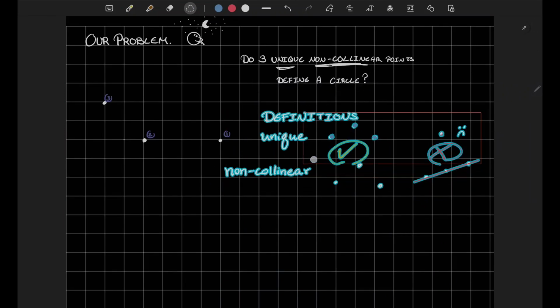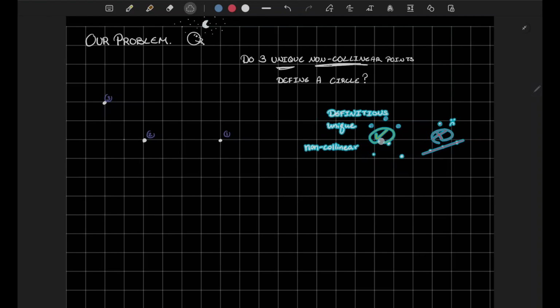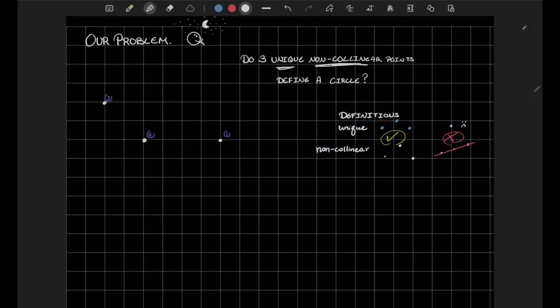Let's now try to approach our problem visually, then we're going to look at it algebraically. We're going to start off with 2 of our points, points 1 and 2, the ones that we have right here. And let's ask ourselves, where can the center of the circle be if we just have those 2 points? Well, for the center of the circle to be anywhere, it has to be at an equal distance from those 2 points.